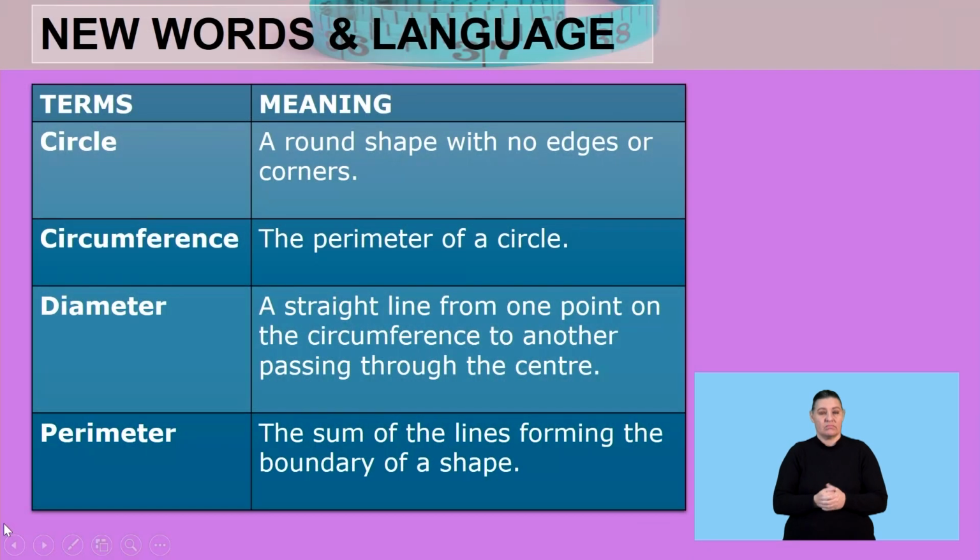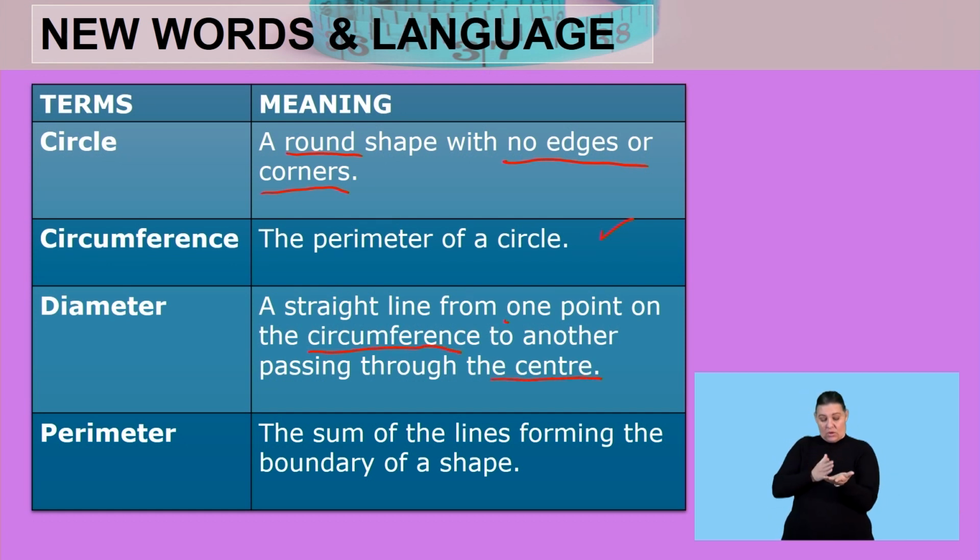All right, new words and language. So the circle is a round shape with no edges or corners. That's what makes a circle special. Circumference is the perimeter of a circle. Diameter, a straight line from one point on the circumference to another passing through the center.